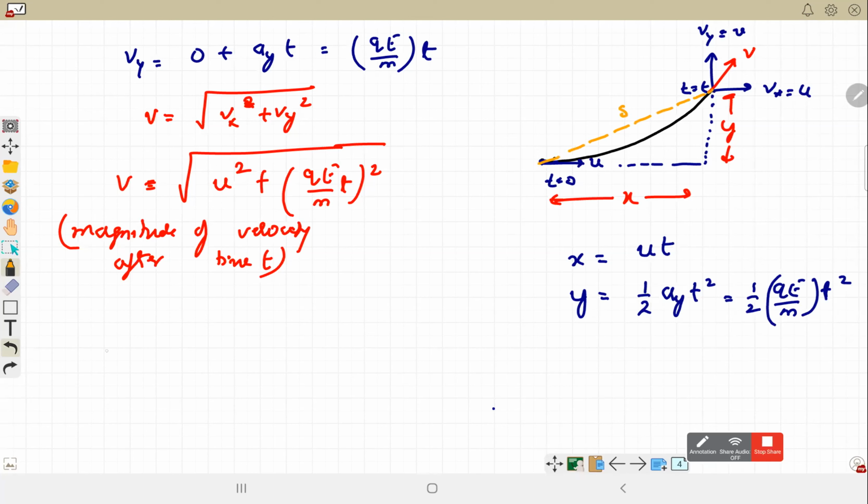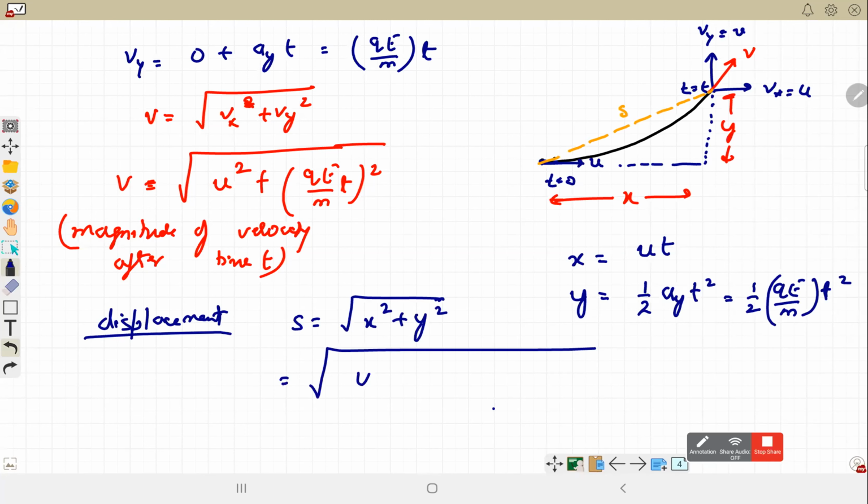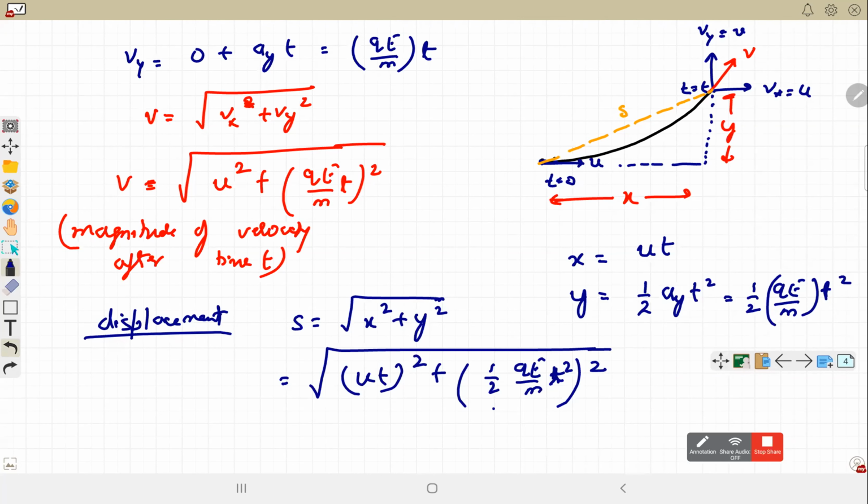The displacement s will be root of x square plus y square, which is root of ut square plus half qE by m times t square whole square. Correct? This is the answer.